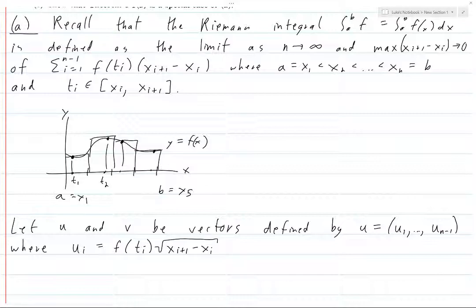So given any function f and a function g and a partition x_1 through x_n, and also we've got t_i's where each t_i is in the interval from x_i to x_{i+1}. And v is defined similarly. v is v_1 through v_{n-1}, where v_i is g of t_i times the square root of x_{i+1} minus x_i.